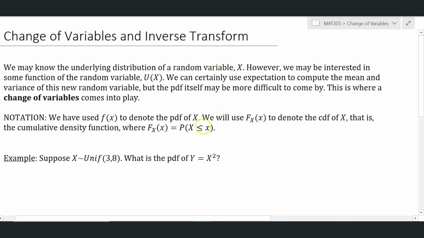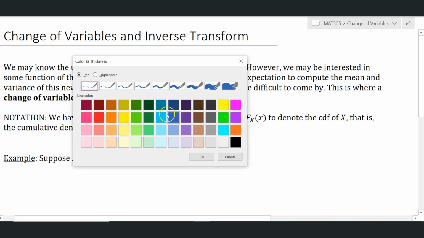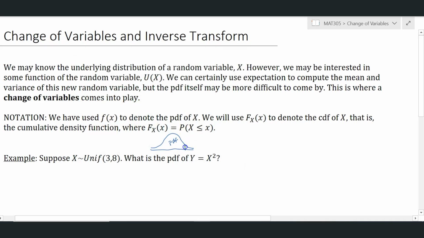Remember, for the cumulative distribution function, its input is the value of x, and its output gives you the area to the left of it. So for example, if we had the normal PDF, or the normal curve, we could compute areas. We could say, I want to know the area from here and to the left of that.